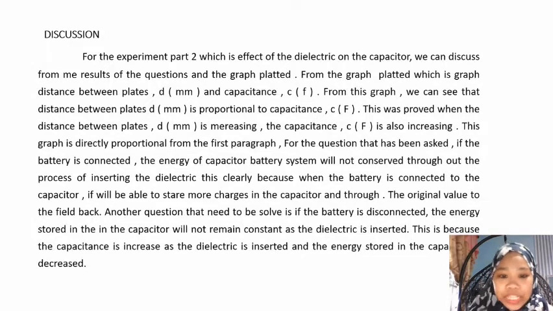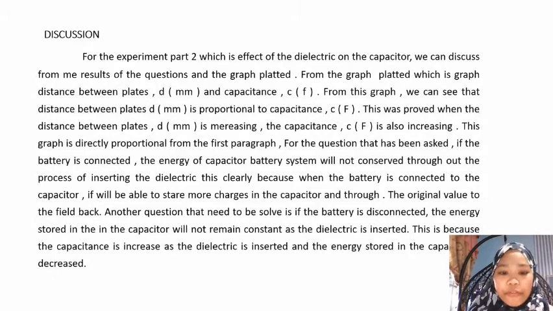For the question that has been asked, if the battery is connected, the energy of the capacitor battery system will not be conserved throughout the process of inserting the dielectric. This is because when the battery is connected to the capacitor, it will be able to store more charge in the capacitor and bring the field back to the original value.